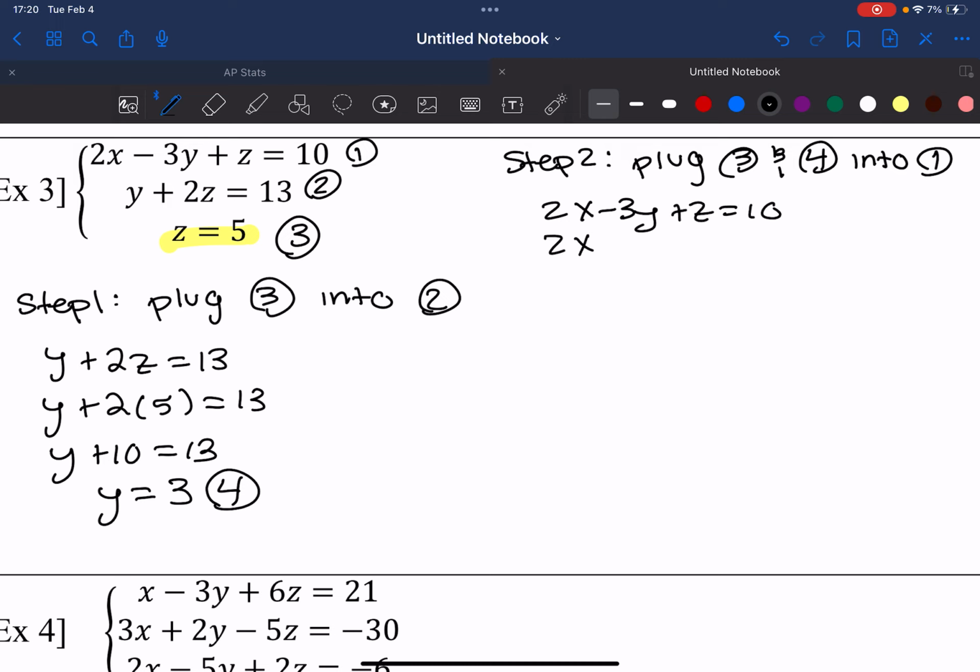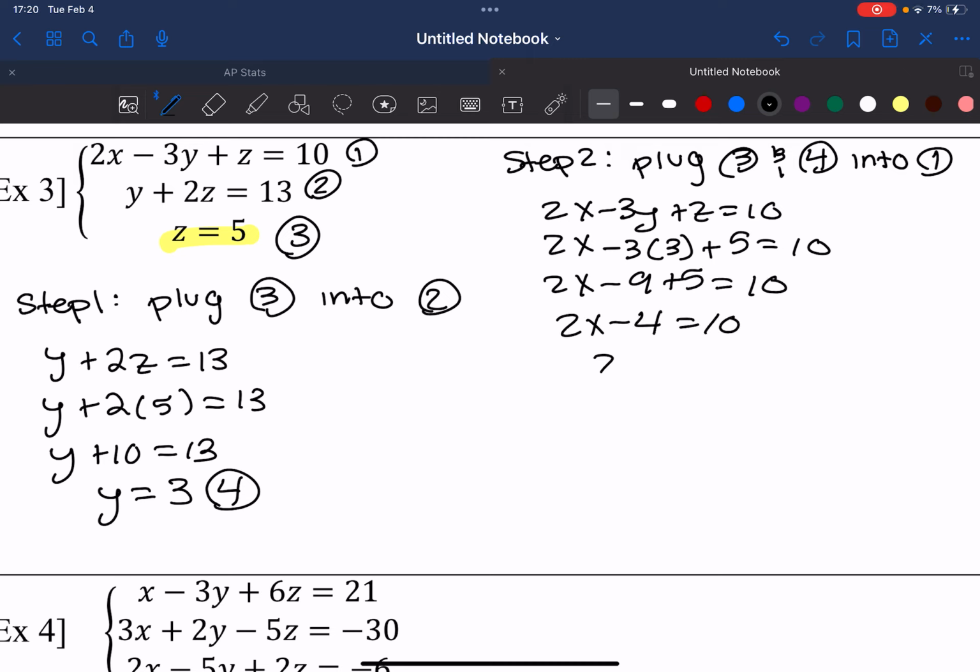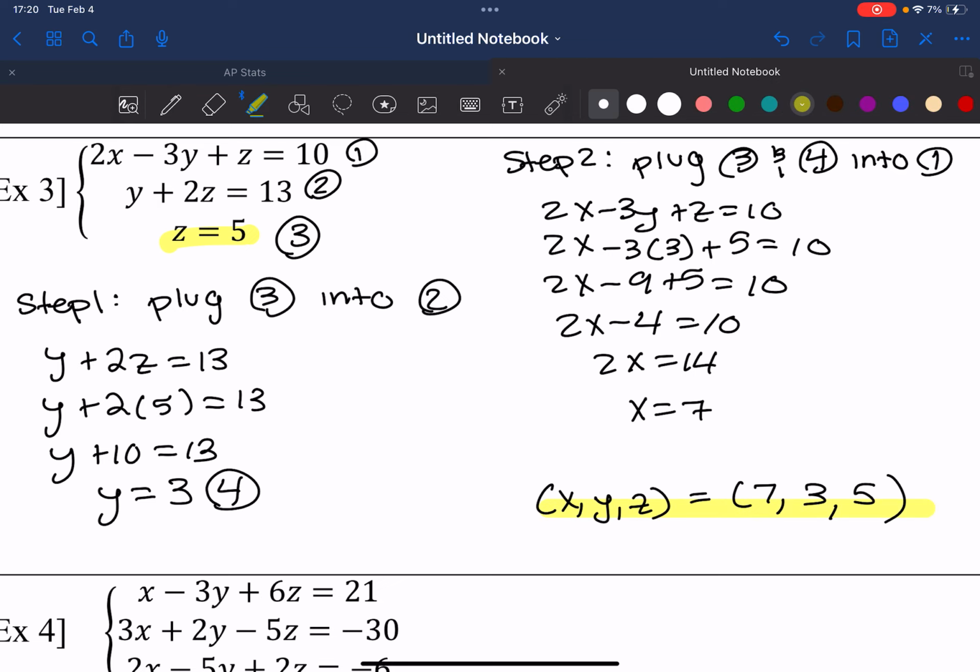That's 2x minus 3 times 3 plus 5 equals 10. 2x minus 9 plus 5 equals 10. 2x minus 4 equals 10. 2x equals 14. x equals 7. So that means I have x, y, z is equal to 7, 3, 5. That's my answer.